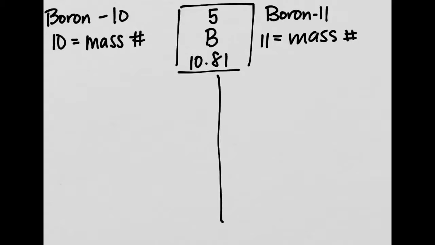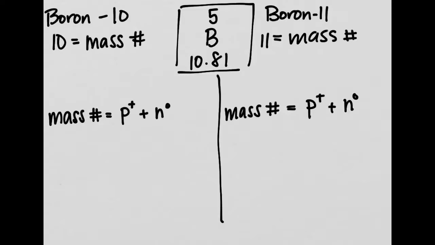Then the next thing we're going to do to figure out how much of each of my subatomic particles is in here is that the mass number is equal to the number of protons plus the number of neutrons, because those have a lot more mass than electrons. Okay, so I know that my mass number for boron-10 is 10, and my mass number for boron-11 is 11, and I know that the number of protons is going to be 5, because if I change the number of protons, I'm not dealing with boron anymore.